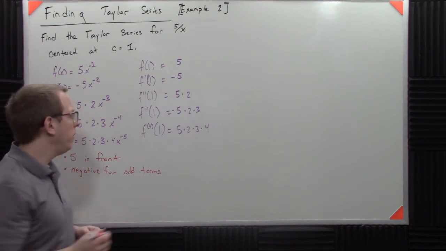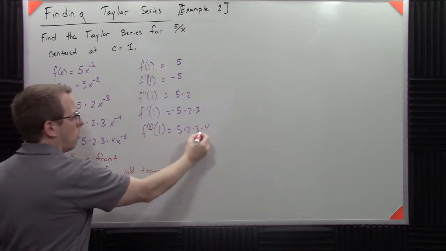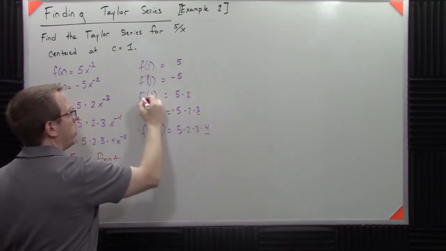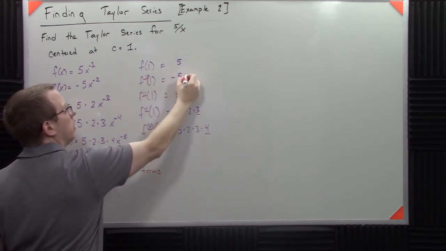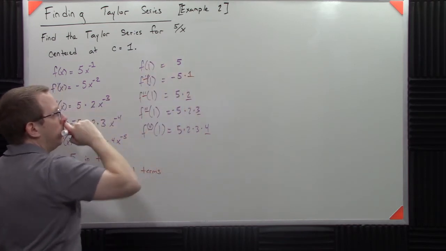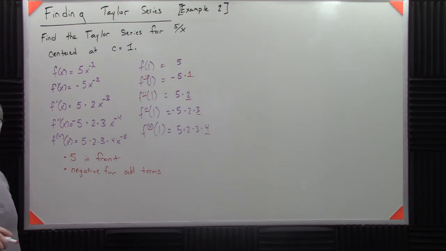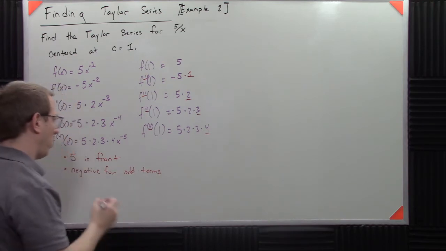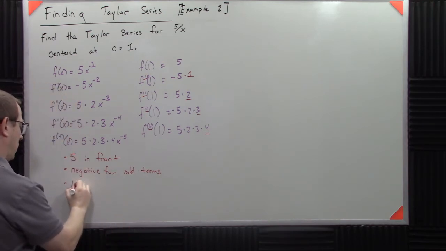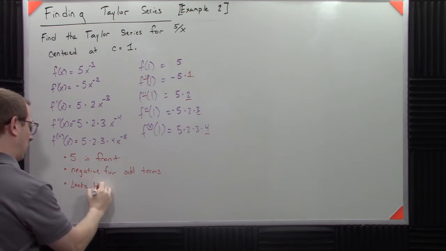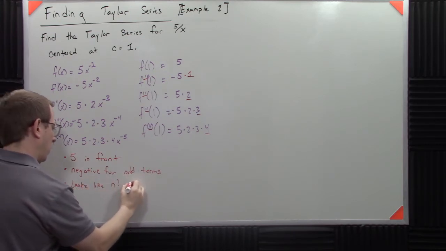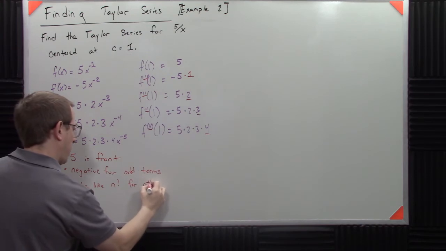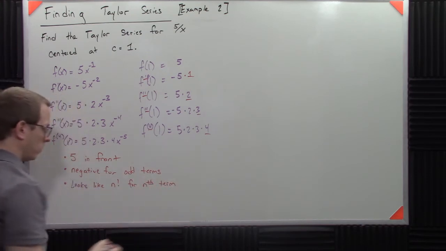All right, and then I noticed the 4, 4, 3, 3, 2, 2, 1. So it looks like I have a factorial thing going on. I have 3 things.